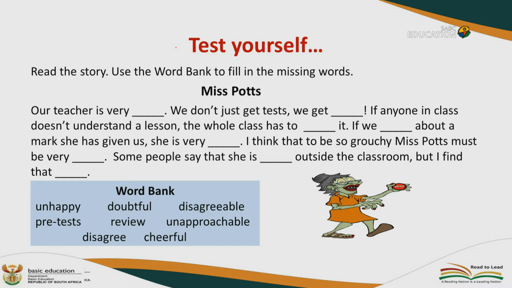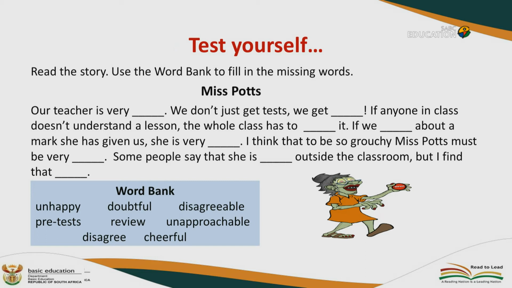If we, about a mark she has given us, she's very, I think that to be so grouchy, Miss Potts must be very, some people say that she is outside the classroom, but I find that. Now these are your word banks, your word bank. You have to fill in this cloze passage with these words.